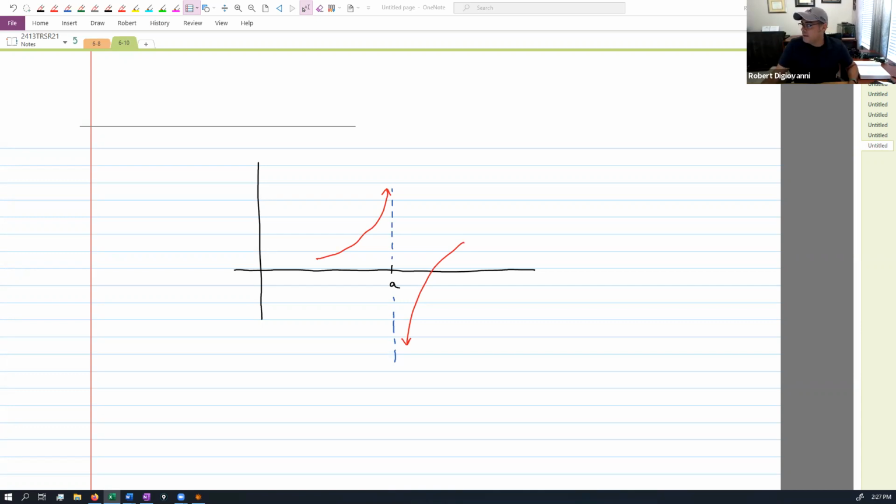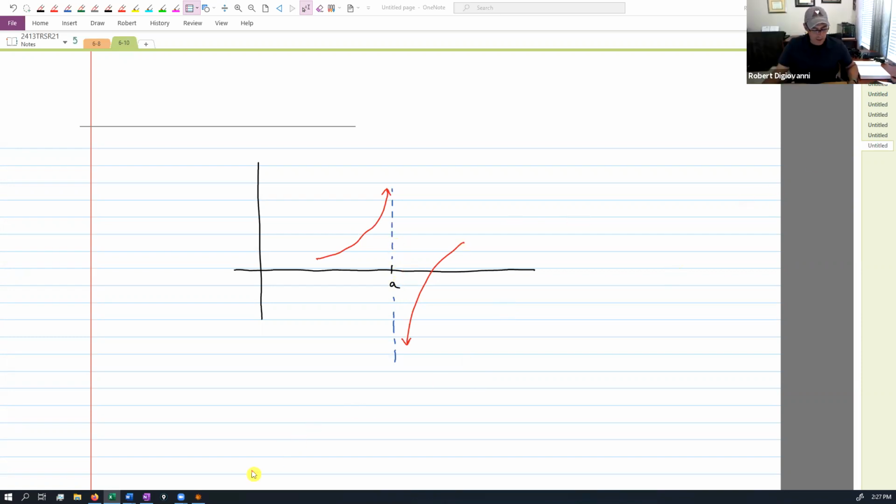Okay, so Bree, do we have a vertical asymptote at A? If you look at this graph, yes, right? Why? Because both of them are approaching A. Did I get that right?